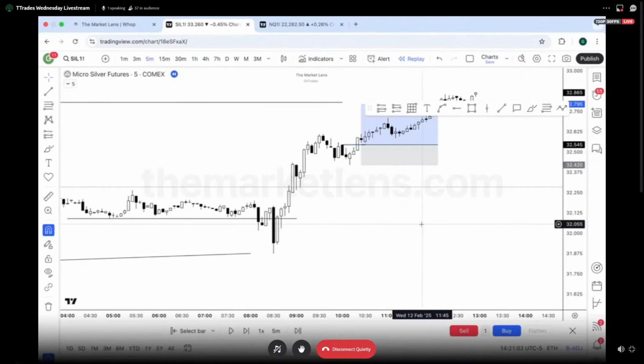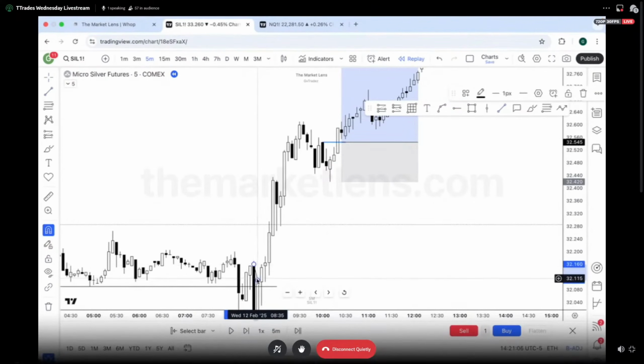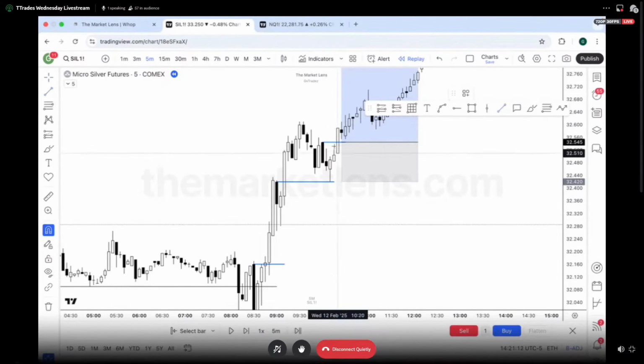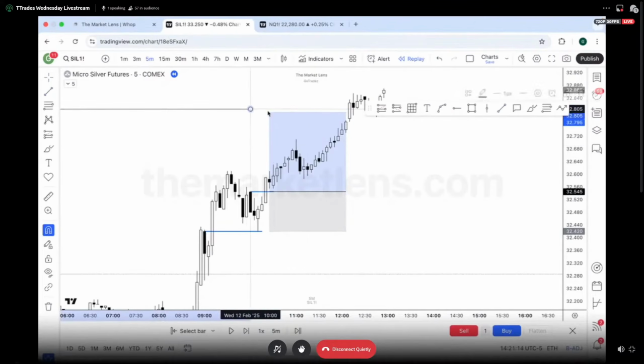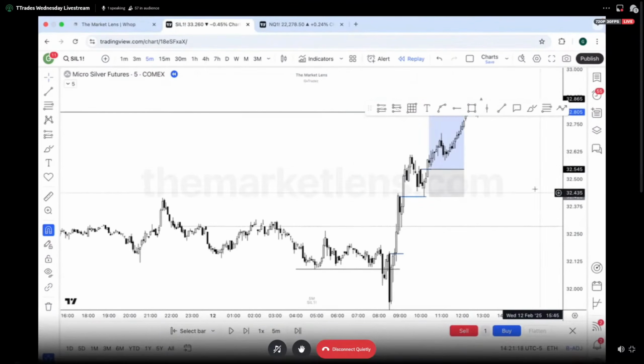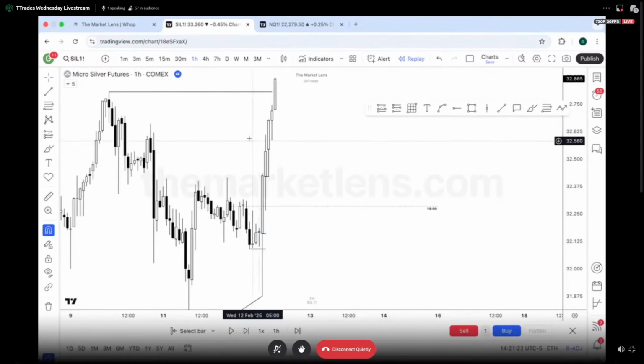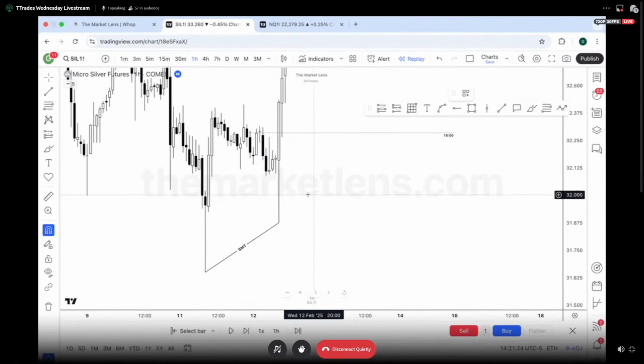So we can expect the next, let me just draw this up for you guys, the next series of candles to expand. So this is a trade that I took into this high. Pretty simple. So that's that. And then we'll get into a couple more examples.